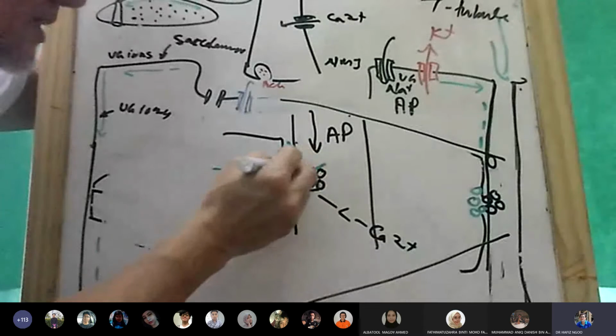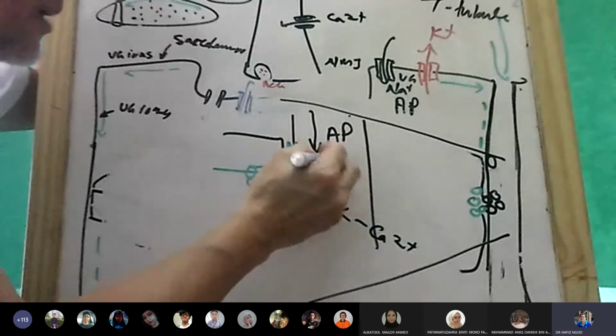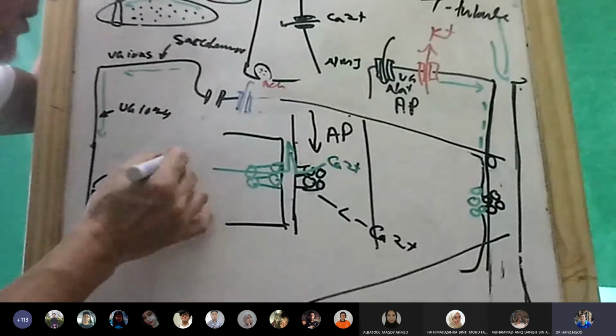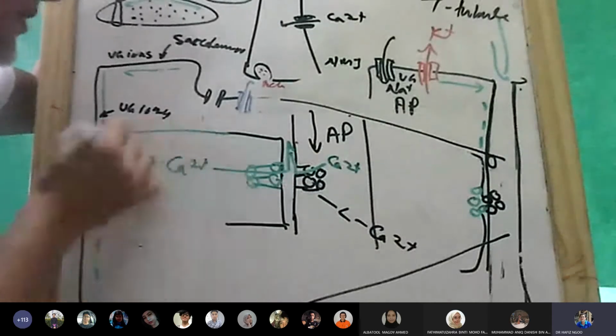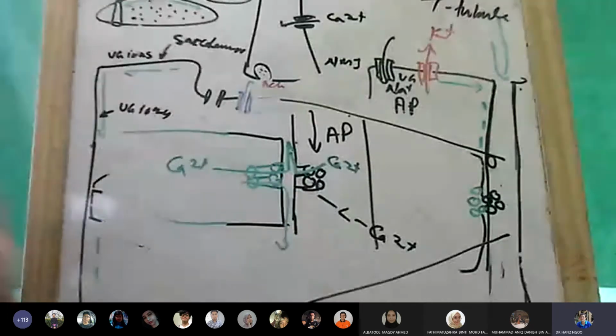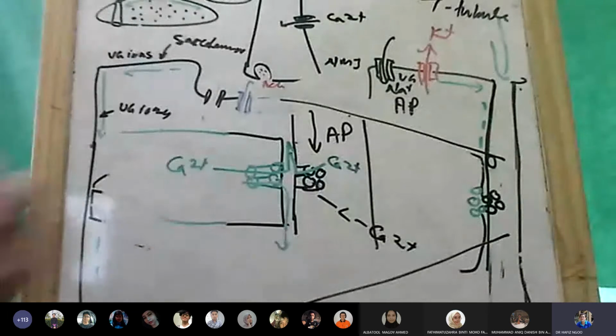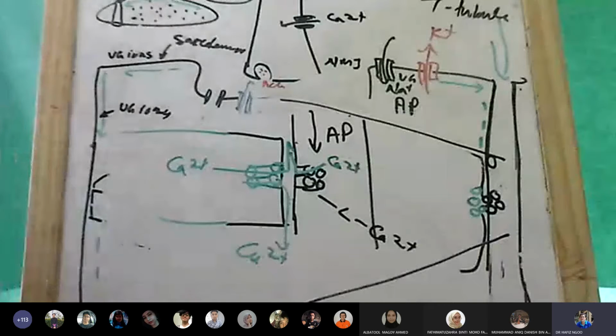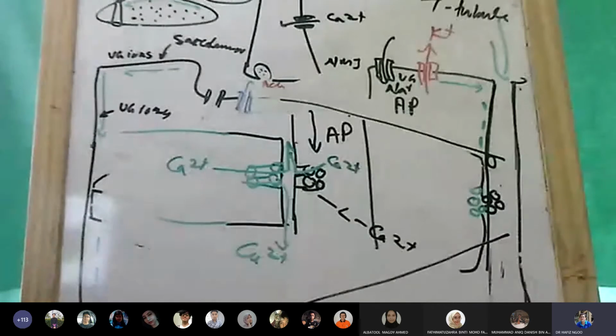There is also calcium coming in from the outside, but that is not particularly important. Most important are those coming out from the sarcoplasmic reticulum that is being released into the cytoplasm of the muscles. So the increase in calcium released from the sarcoplasmic reticulum is the most important one.